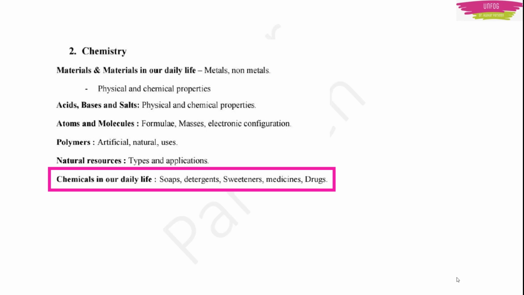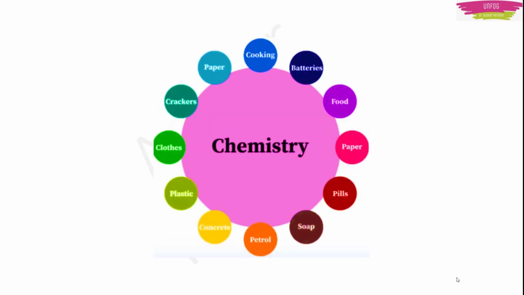In this lecture, I am going to cover soaps, detergents, sweeteners, medicines and drugs, everything about chemicals in our daily life. Now we all know that chemistry plays a very important role in our daily life, right? It has many applications. For example, it is used in batteries, food, paper, medicine, soap, petrol, plastic, clothes, crackers, cooking.